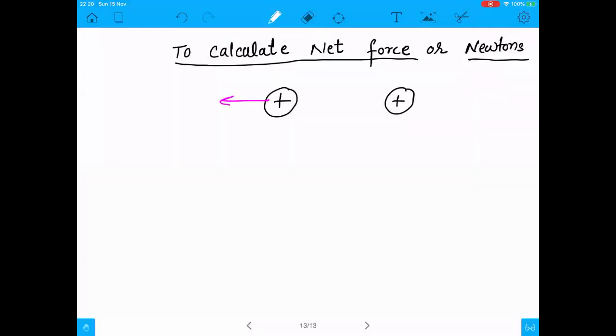Since net force is calculated on a single object, the force that is towards left will be taken as negative, the one that is towards right is taken as positive. Net newtons cannot be calculated on two objects, they are calculated on a single object. For example, if this has a force of plus 5 Newton and another force of, for example, in this direction, 9 Newton, this is left side, so it will be taken as negative.